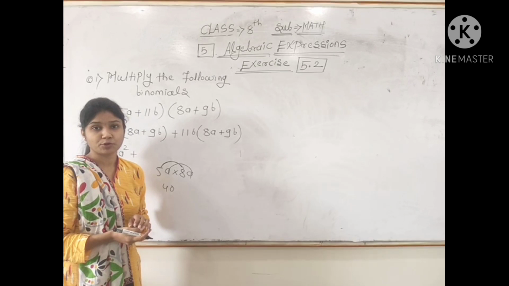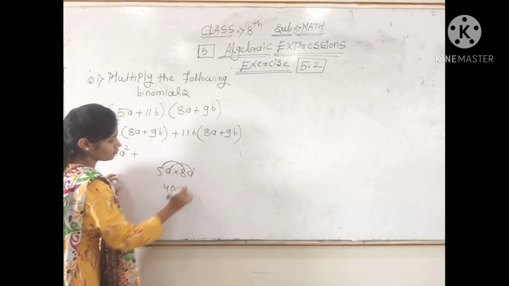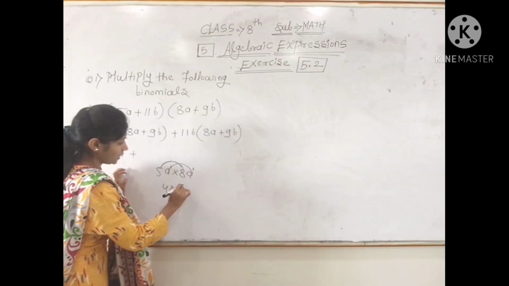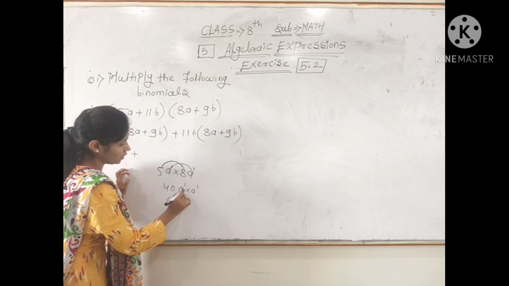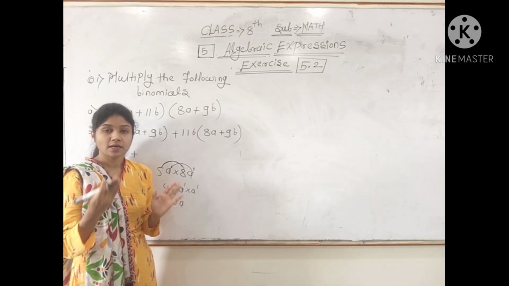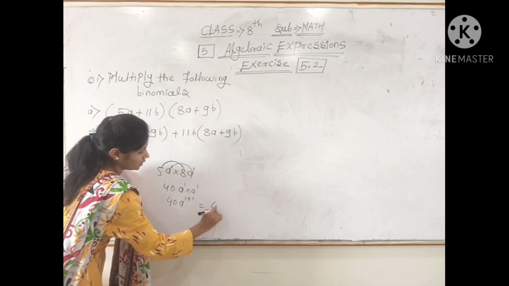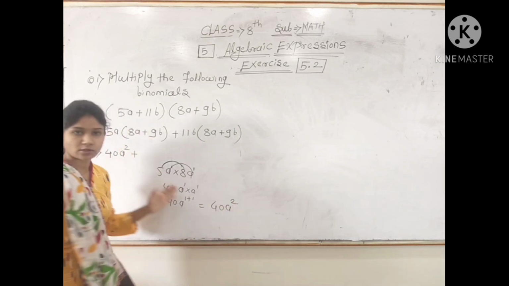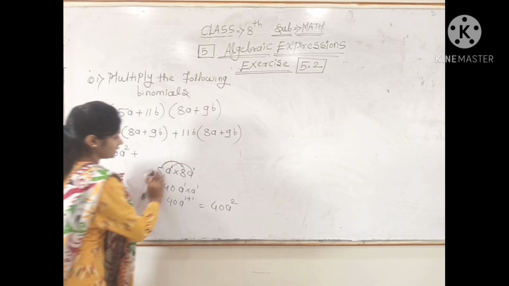All of you know the exponent law: a is a to the power 1, so a to the power 1 multiplied by a to the power 1. When the base is the same, we add the powers. So 1 plus 1 is 2, giving 40a to the power 2. Understand, student?